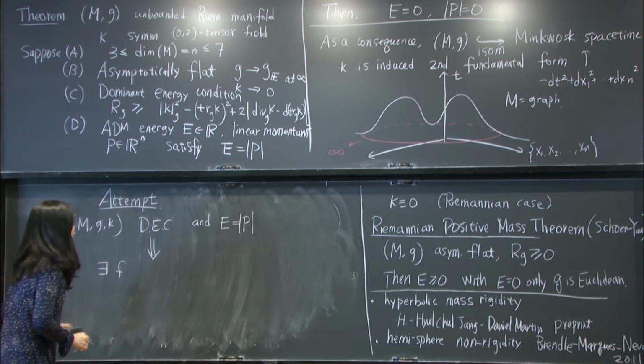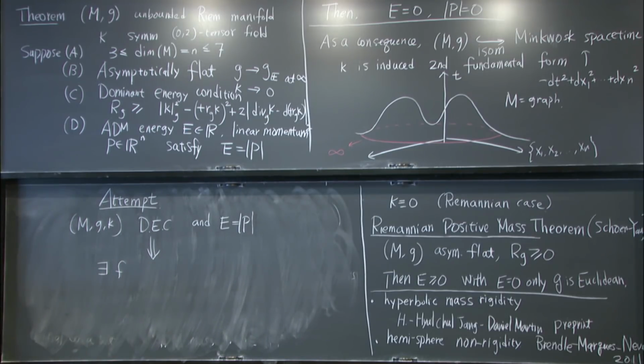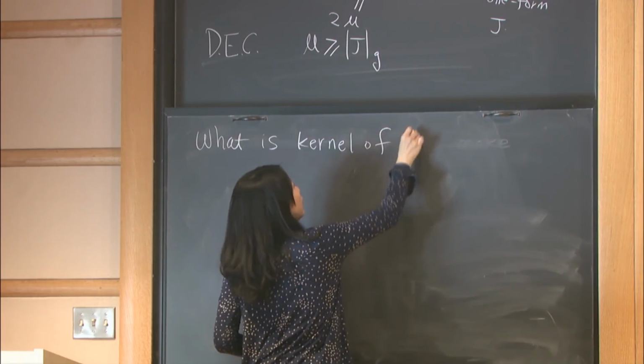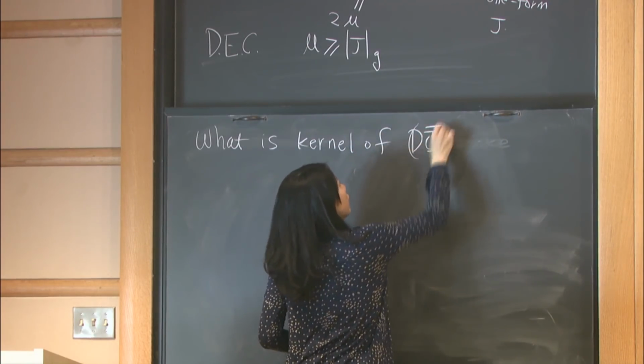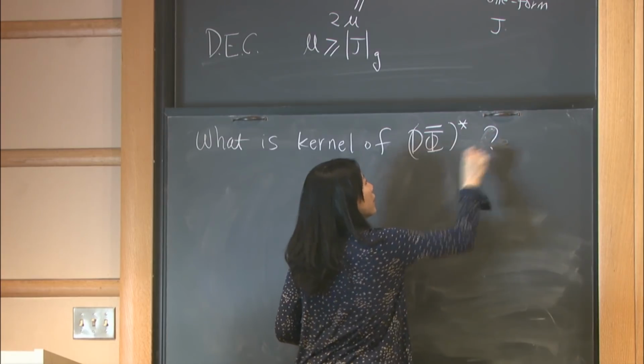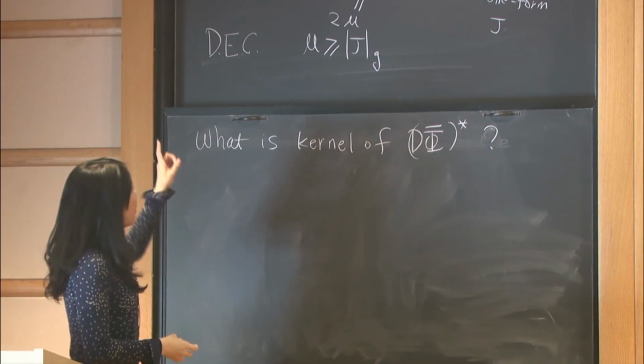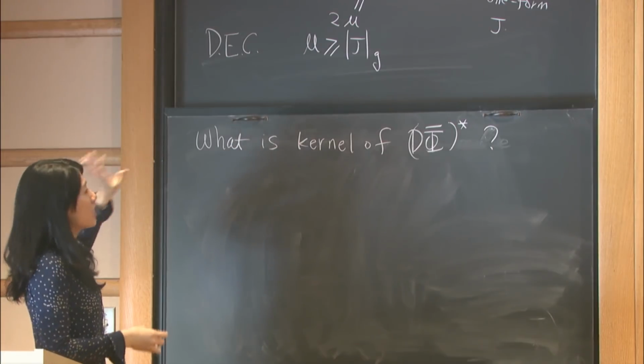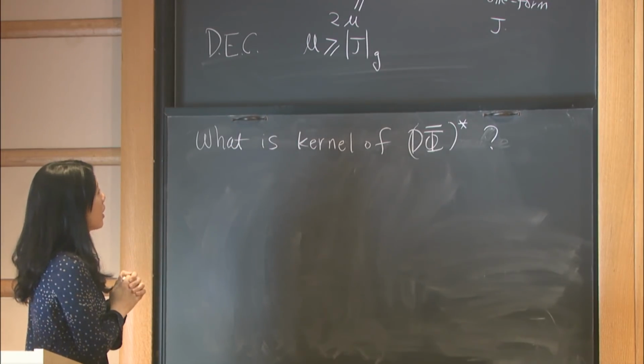Right. So what's the kernel? Let me go backward a little bit, I was ahead of myself. Okay, so the constraint map has the same domain and codomain as the modified constraint map.